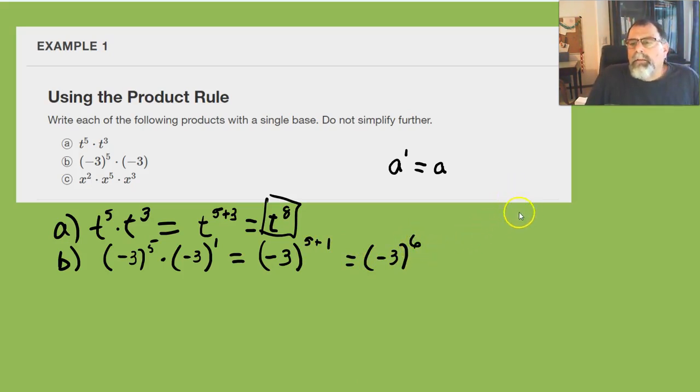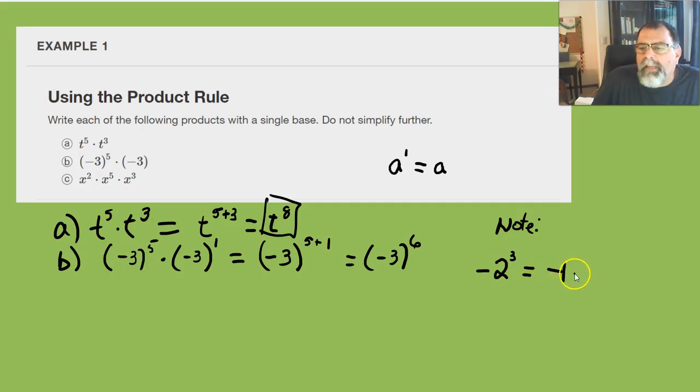Okay, so just a real quick note here. Just the way notation works for math, let me do a different number. So let's say negative 2 to the third power. This is to be interpreted as negative 1 times 2 times 2 times 2, which is negative 8.